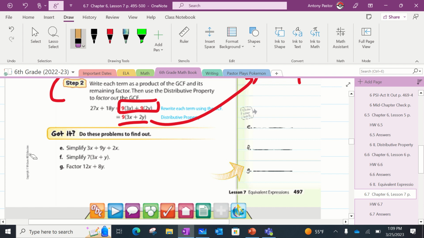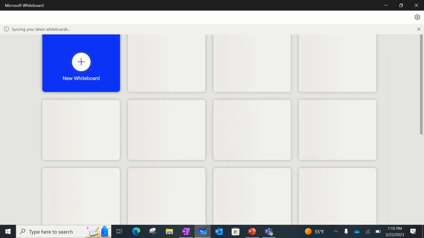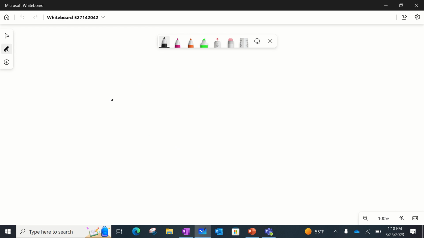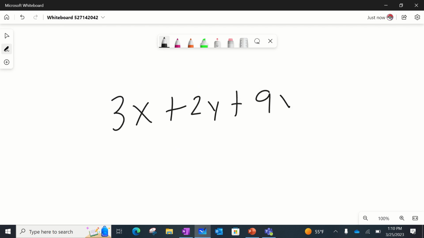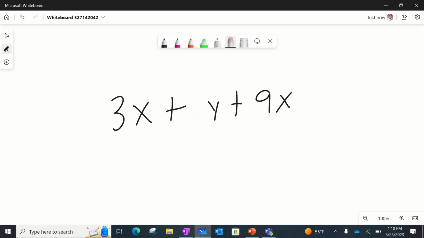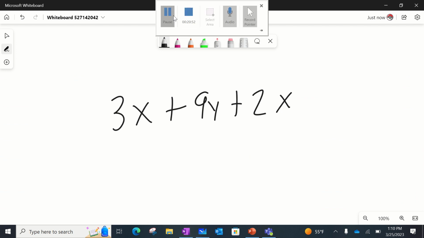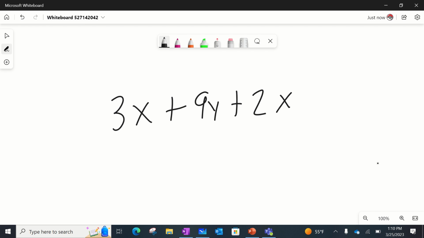Simplify 3x plus 9y plus 2x. 3x plus 2y plus 9x, is that what it was? No, 9y and 2x. Okay, so now that I have it written correctly, there's no distributive property or anything like that.